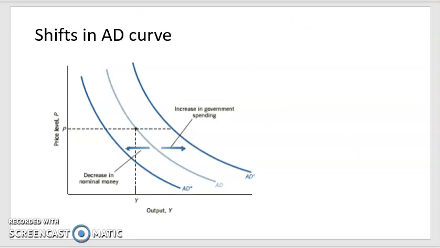At a given price level, the level of output implied by the equilibrium in the goods market and financial market is higher, given that there's an increase in government spending. The aggregate demand curve will shift upwards or outwards from AD to AD prime.